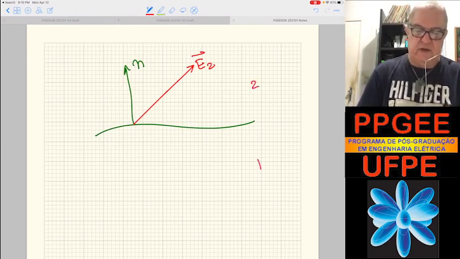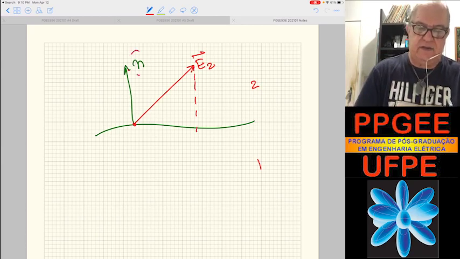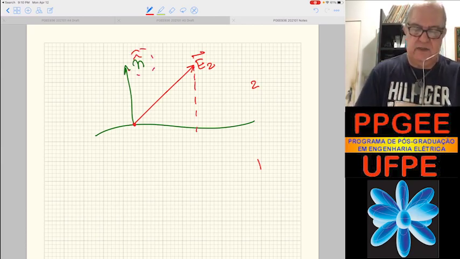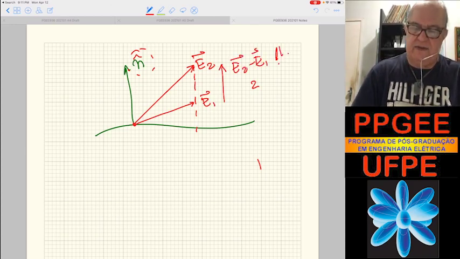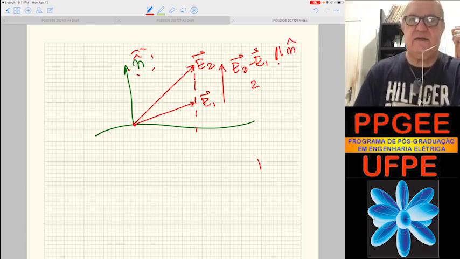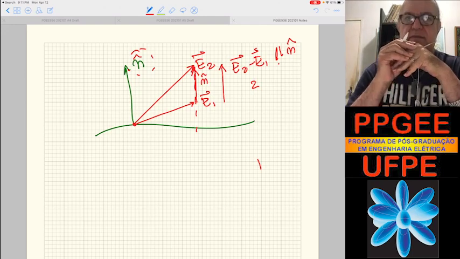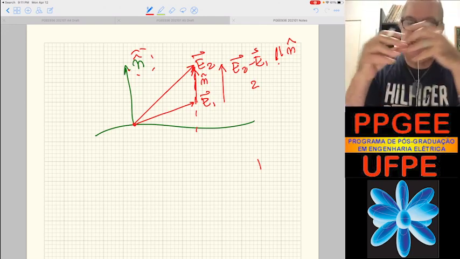If I draw the E field on side 1 starting on this point, it has to end in such a way that the difference is parallel to n. So the tip of vector E1 has to end something like this. So E2 minus E1 is parallel to n. This is a vector definition: those three vectors, n, E2, and E1, are in the same plane.